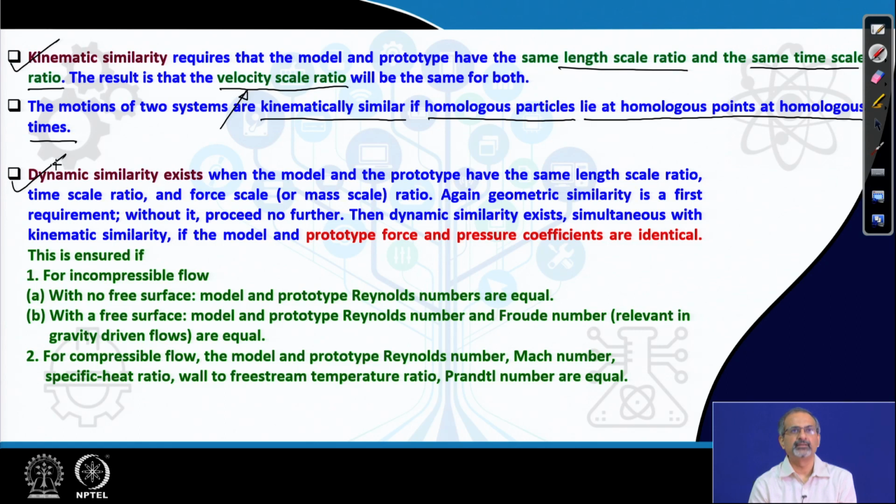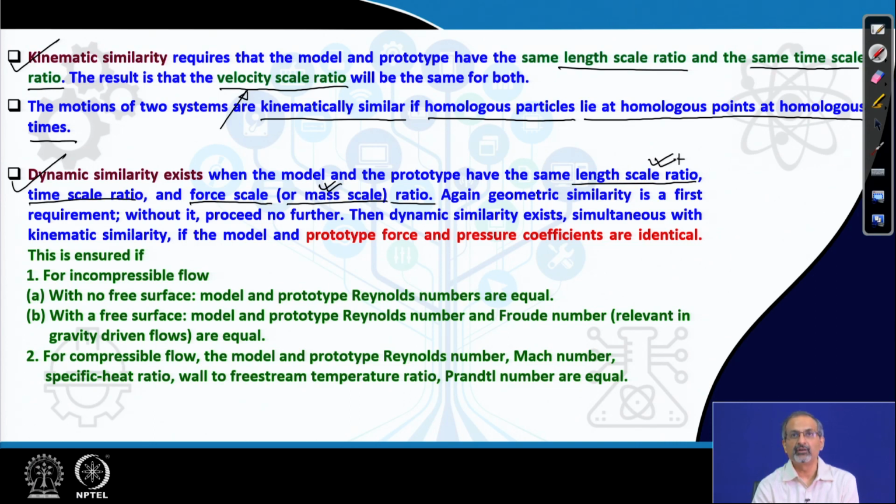Finally, dynamic similarity. What is it? It exists when the model and the prototype have the same length scale ratio, time scale ratio, and additionally force or mass scale ratio. So, this is the augmentation here.